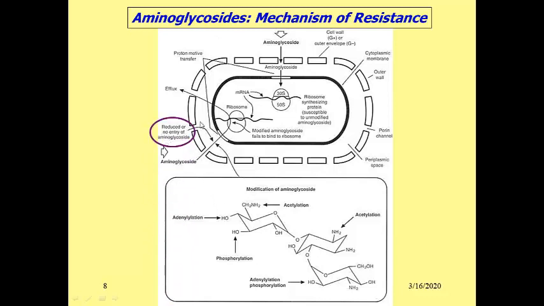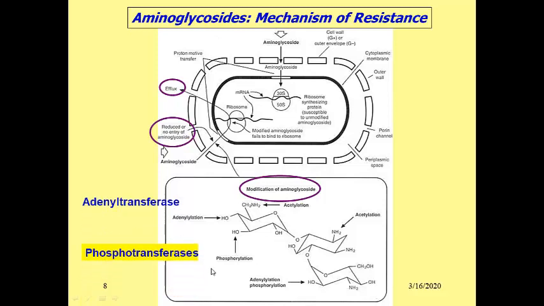First, reduce aminoglycoside entry, or enhance efflux through glycoprotein B 120, or through modification of the aminoglycoside: adenylation, phosphorylation, and acetylation. The most dangerous one is acetylation, because acetylation occurs at the essential amino group in aminocyclitol.